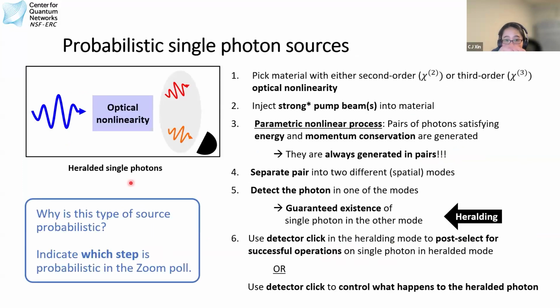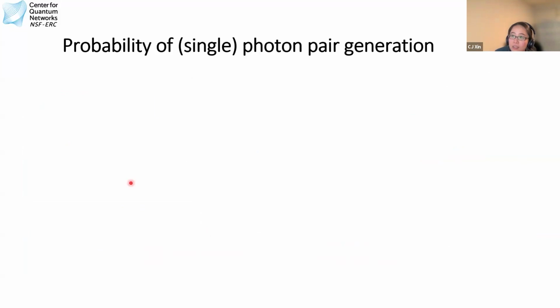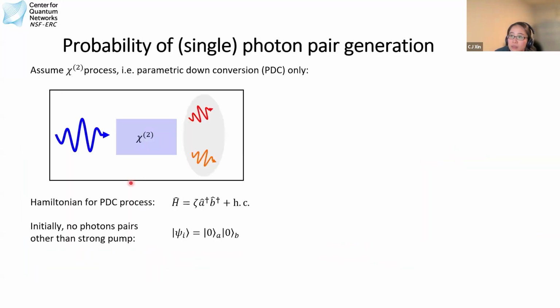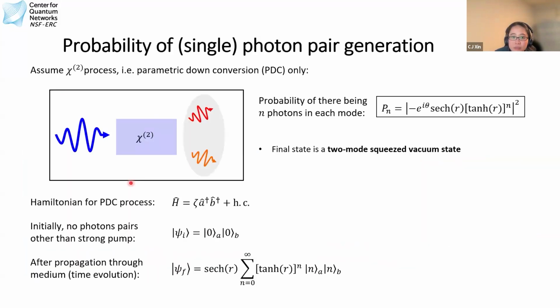Does the answer to the poll depend on whether you're using a photon number resolving detector or not? I'm actually not sure which poll that refers to. So if you still have that question, if you would like to send along another one to clarify which poll, that would be great.